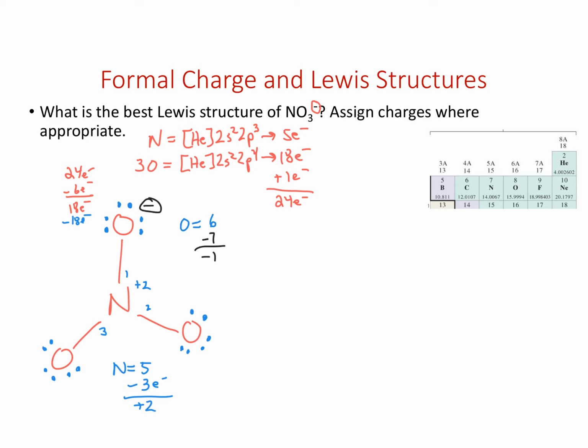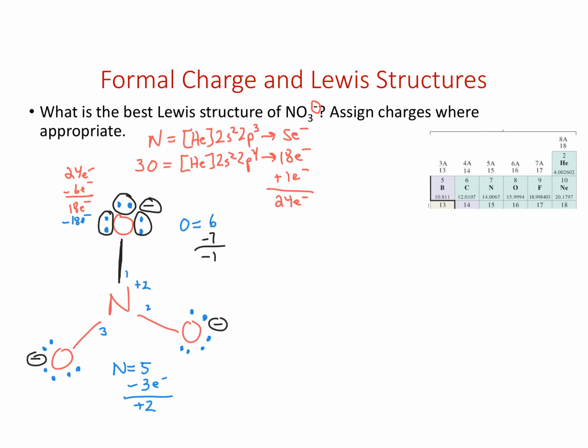Those 7 electrons came from 6 lone pair electrons, and then 1 electron from this covalent bond, for a total of 7 electrons assigned. 6 minus 7 is -1.